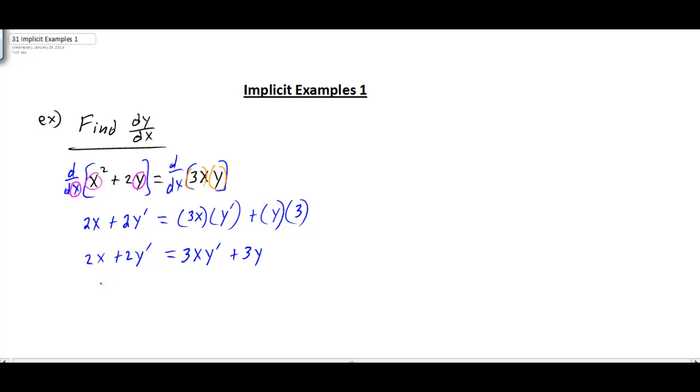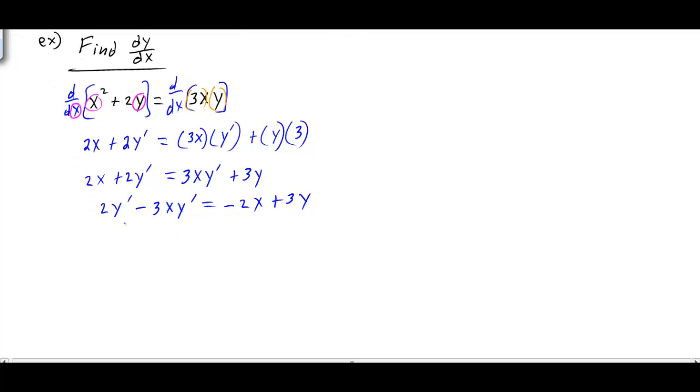So we have 2y prime minus 3xy prime, and move over the 2x, so that's a negative 2x plus 3y. And then we can factor out the y prime, and we have 2 minus 3xy.